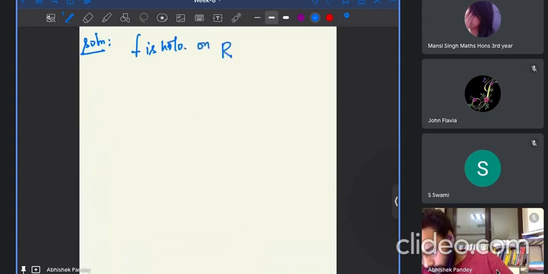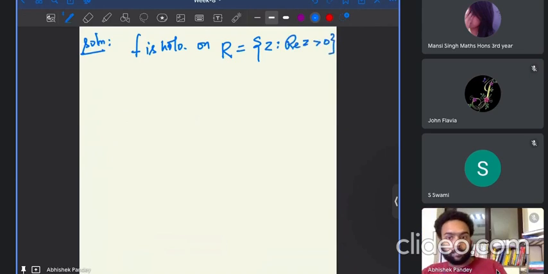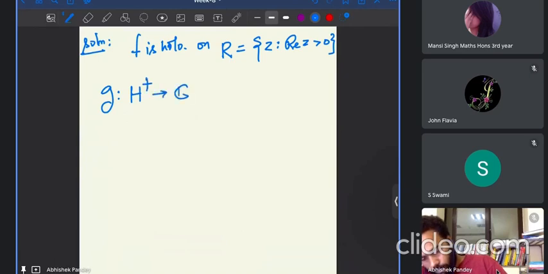The right half plane is z such that the real part of z is positive. f is holomorphic on this right half plane and continuous on this imaginary line. Let us define a function from the upper half plane to C using f. So g of z is nothing but i times f of minus i z. So how does this work?